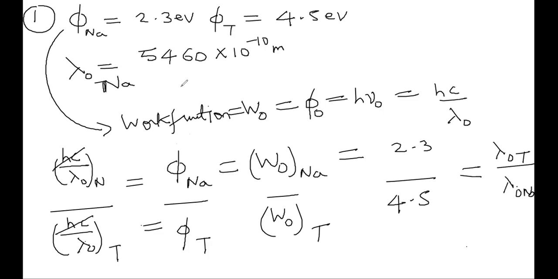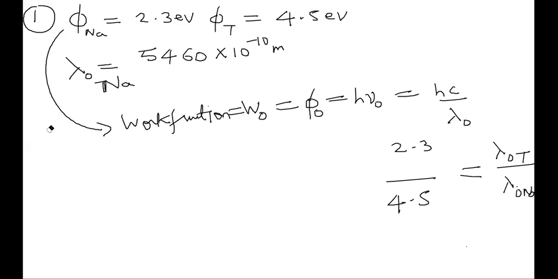Lambda naught of tungsten you have to find out. 5460 into 10 power minus 10 is the value you substitute here at the denominator. Lambda naught of tungsten we don't know.